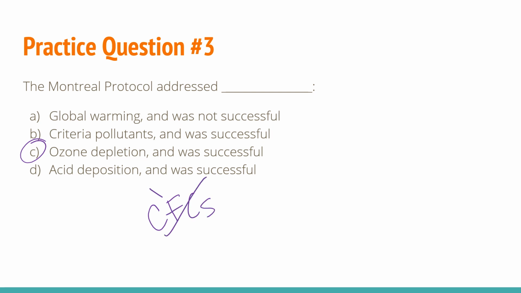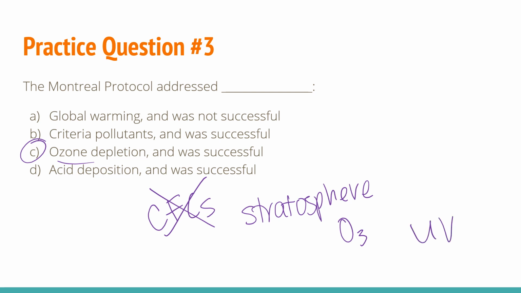They're trying to get rid of CFCs because it will deplete the ozone layer, and which layer is that? That's in the stratosphere. So we want to eliminate CFCs because they will interact with the ozone that's in the stratosphere. And we want to keep the ozone in the stratosphere because it protects us from UV radiation.